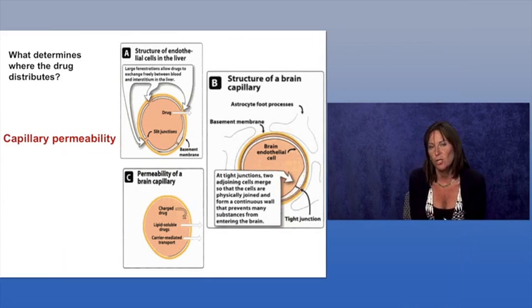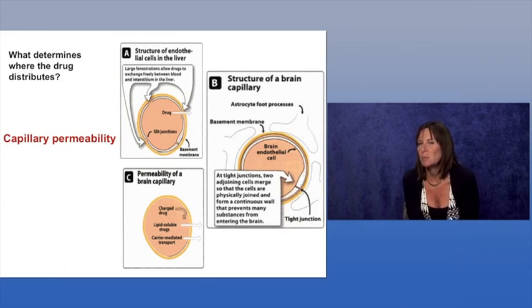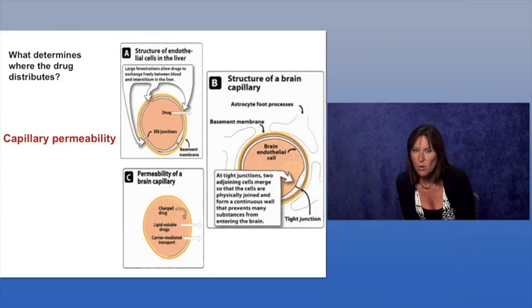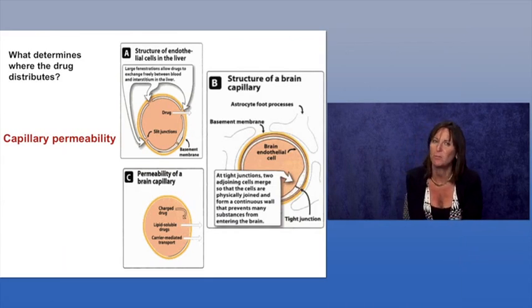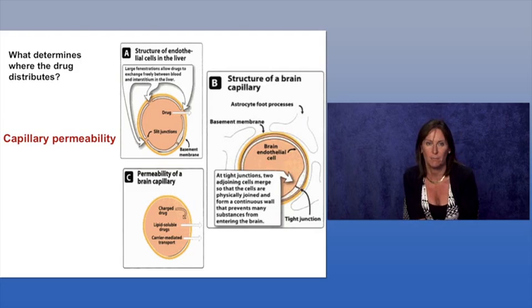In this situation, you are totally dependent on specific carrier mechanisms, or sometimes on lipid solubility of drugs that have the ability to transport across the cell membrane, but also would need to have the ability to cross the basement membrane.